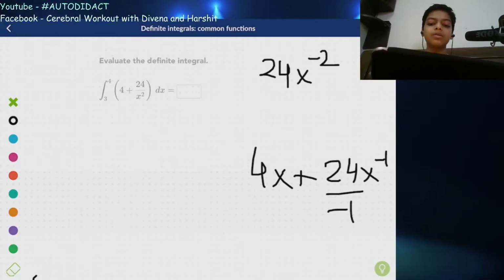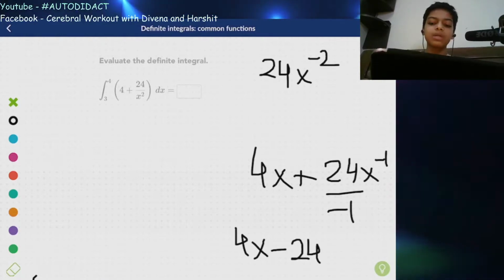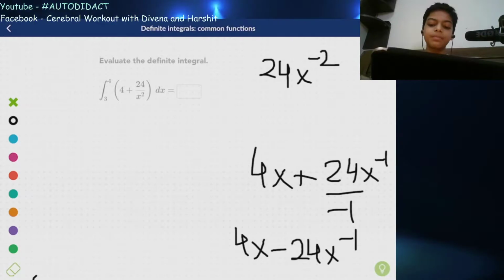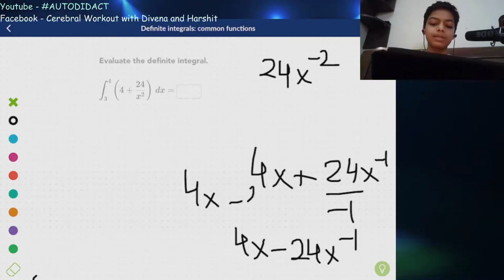This will be 4x minus 24 times x to the negative first power. This will be 4x minus 24 over x.